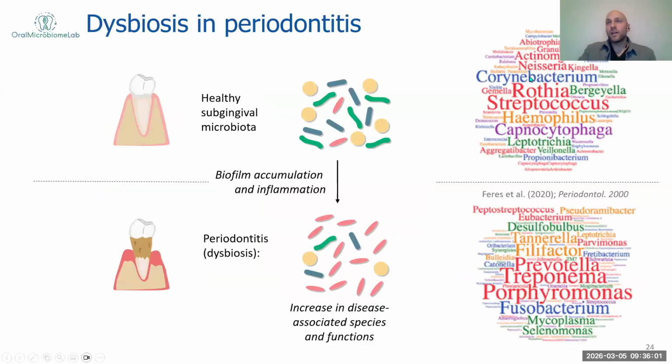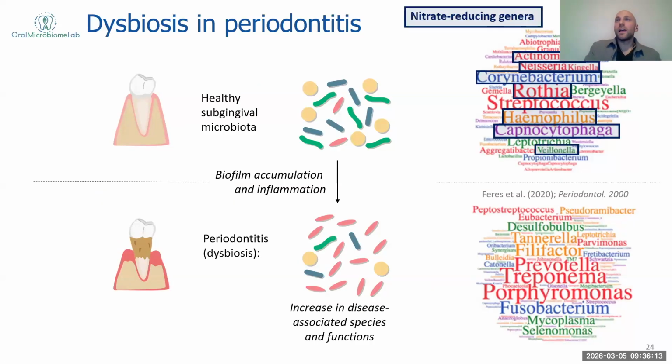And this word cloud by Magda Ferrese's group shows the bacteria that are periodontal health associated, and the bigger the word, the stronger the association. And many of the most health-associated bacteria are actually nitrate-reducing bacteria. So we can conclude that there are lower levels of nitrate-reducing bacteria in periodontitis.